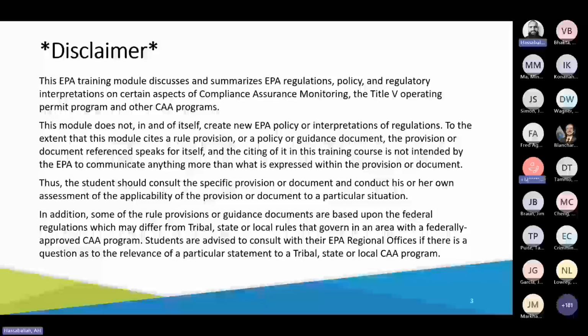The training does not intend to communicate more than what is expressed in the reference. Therefore, one should use their own assessment of the provisions as per the particular case of their interest. And just a reminder that federal regulations may differ from tribal, state, and local rules with approved Clean Air Act programs.